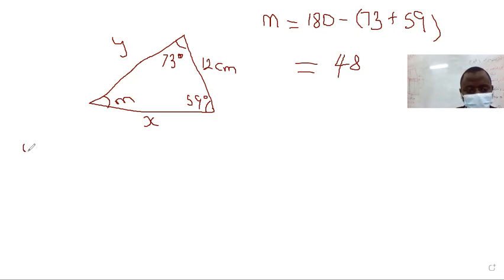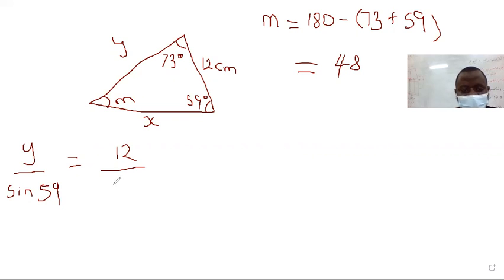So Y over sine 59 degree is equal to 12 centimeters divided by sine of angle M, which is 48 degree.